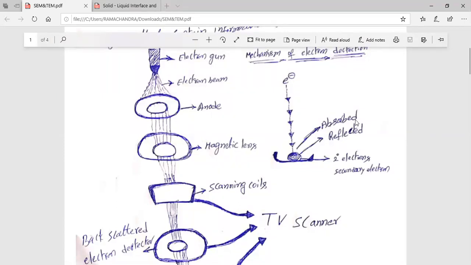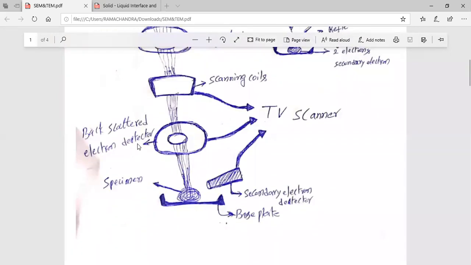So three possibilities arise: one is absorbed, second is reflected, or third is the formation of secondary electrons. The absorption of electrons is detected by the scanning coils, whereas reflection takes place when the electrons reach the surface of the atoms or specimen, and that is detected by the backscattered electron detector.